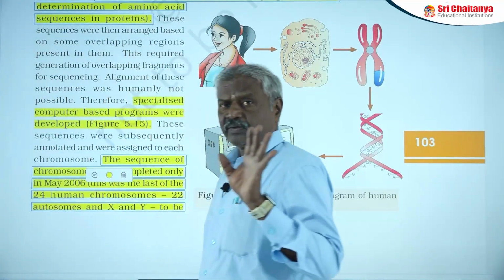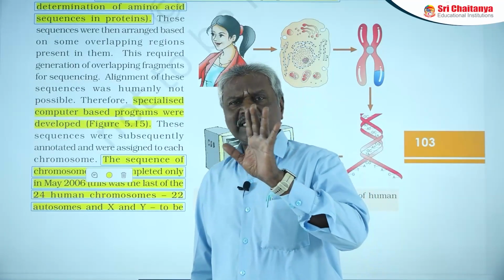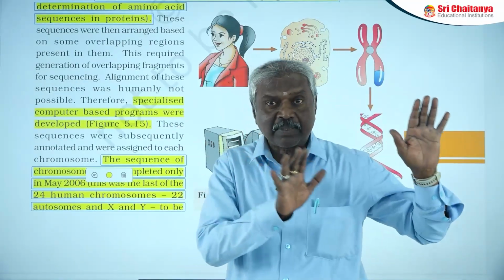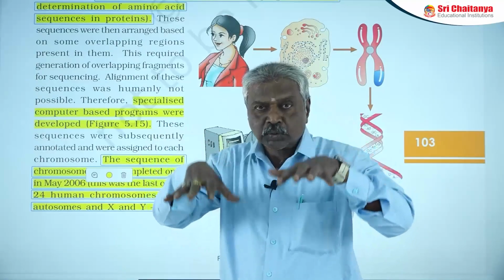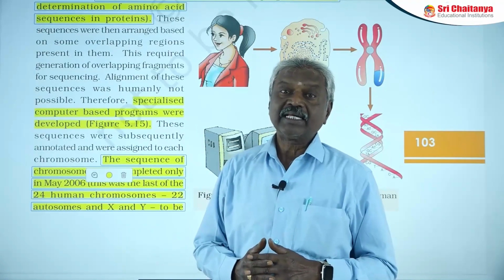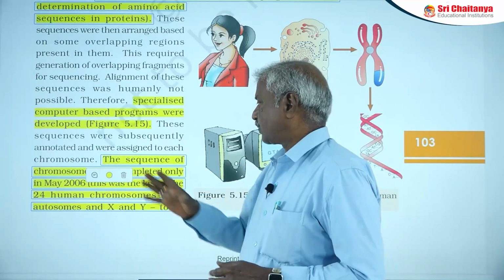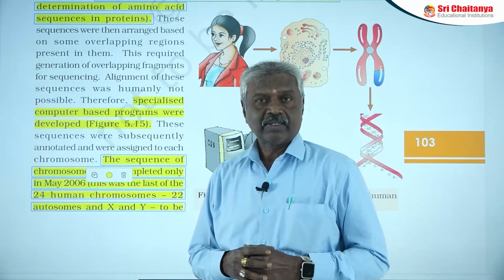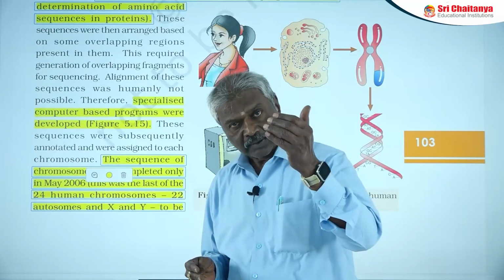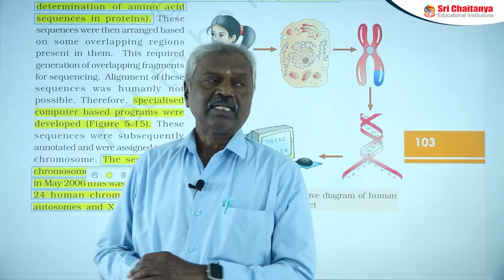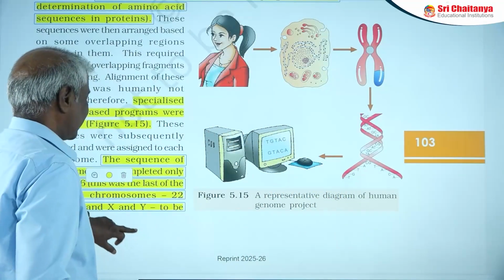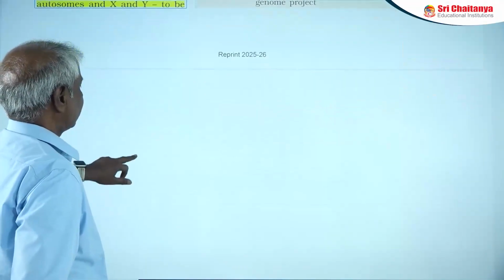Then one more point you have to mention: the DNA present on the haploid set of chromosomes constitutes the genome, correct? And you have to take 24 chromosomes. That means 22 autosomes, 1 X chromosome and the Y chromosome constitute our genome. So this is the kind.